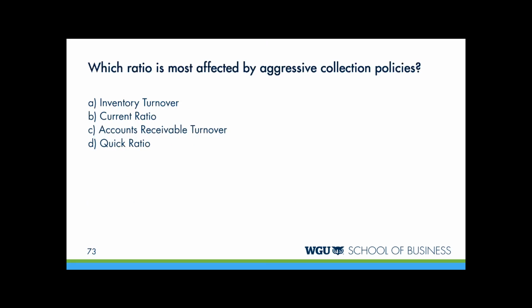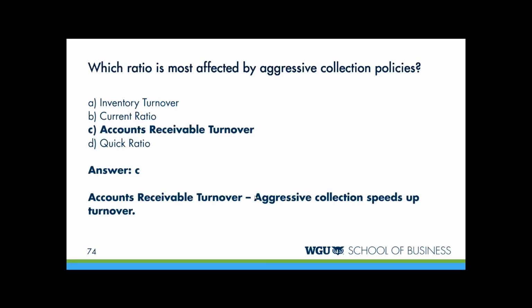Okay, which of these ratios is most affected by aggressive collection policies? And the answer here is going to be C, the accounts receivable turnover. Aggressive collection policies are going to speed up our turnover, or how quickly we are converting these receivables into cash.